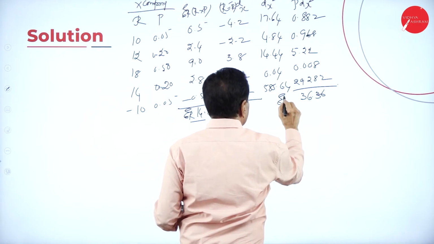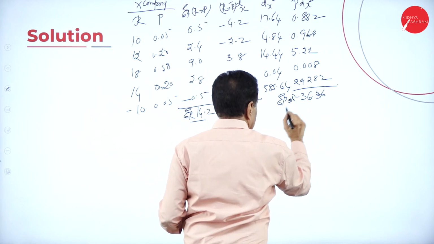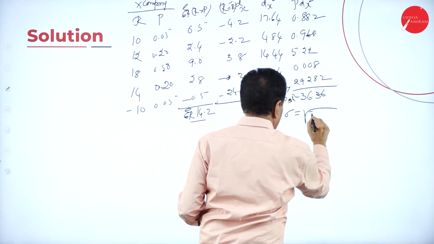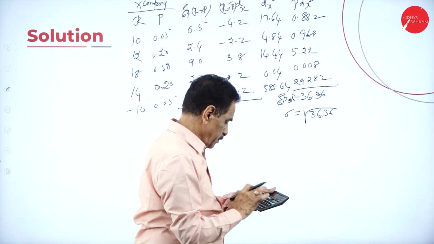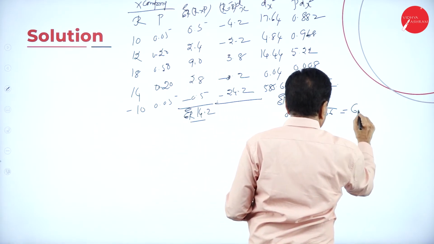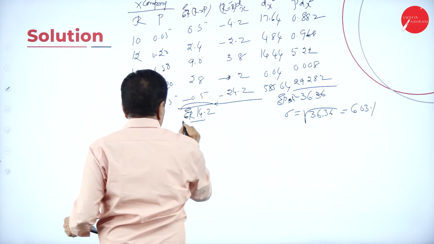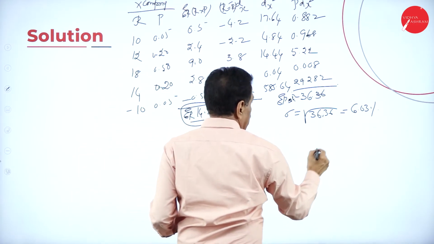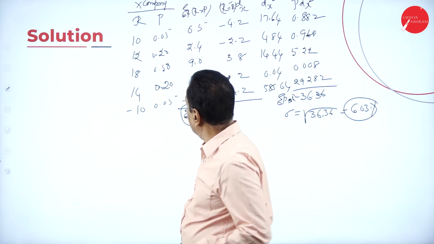This is sigma P dx square. Standard deviation is equal to root of 36.36, 6.03%. This is your expected return, this is your standard deviation. This goes in favor of the company X.